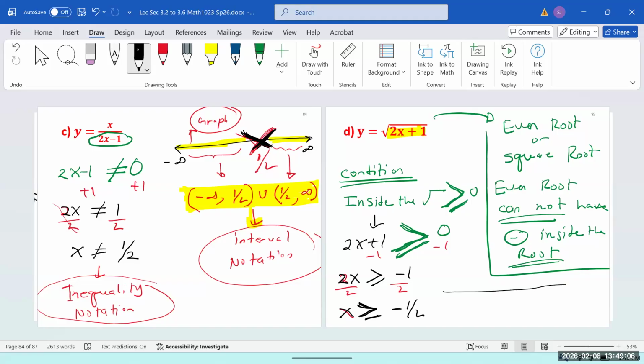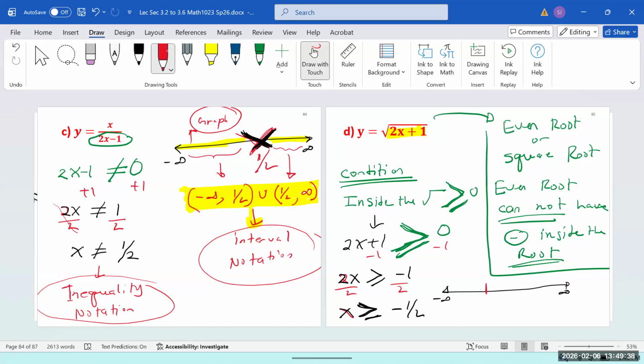Now put this on our interval. Negative to positive infinity. It says, start with x equals -1/2 and then take everything that is bigger than -1/2. When we are writing, does it matter where we put the negative sign, if it's a fraction like that?